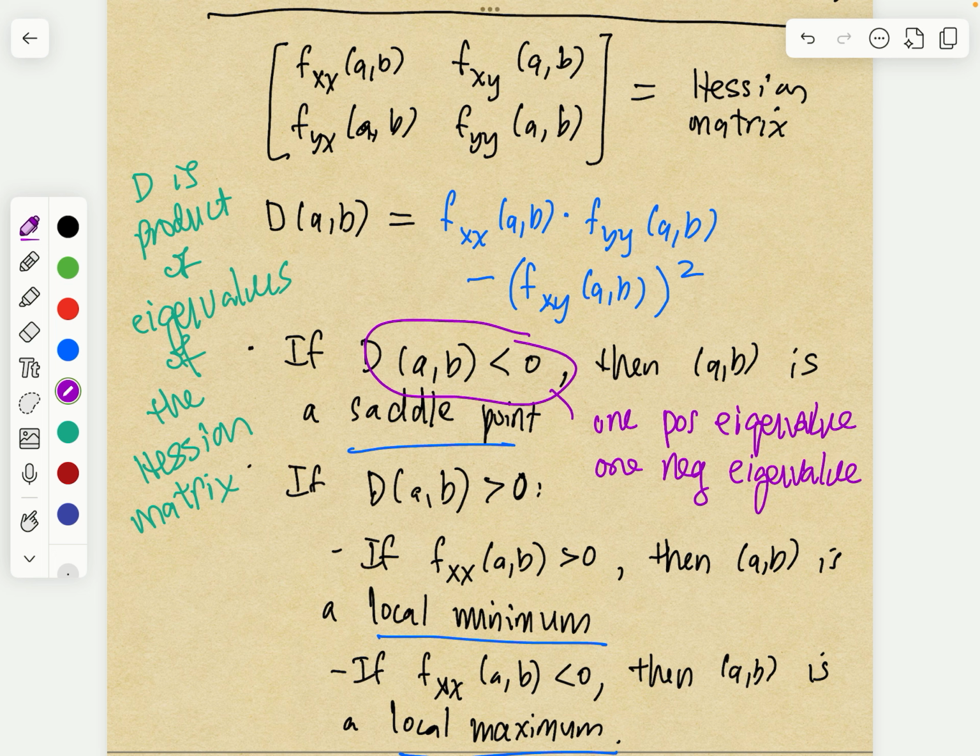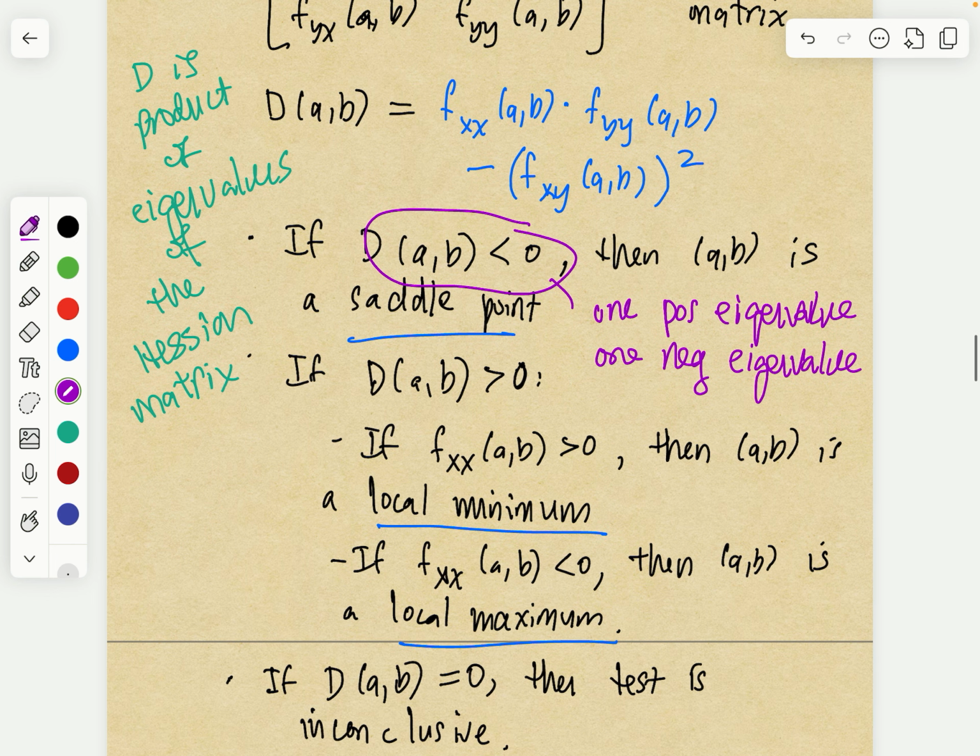And one of the things that we talked about in the video on the spectral theorem is that if you have one positive eigenvalue and one negative eigenvalue, then your function is going to have a saddle point. And that explains why if D is negative, you have a saddle point.